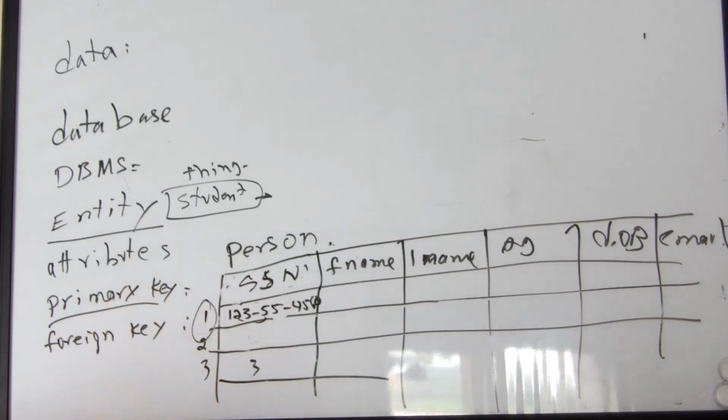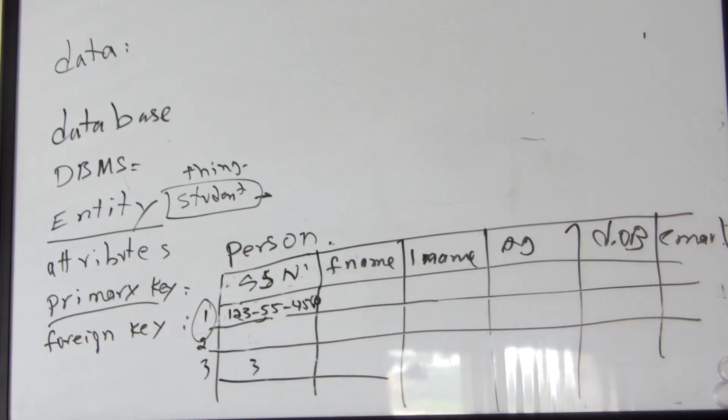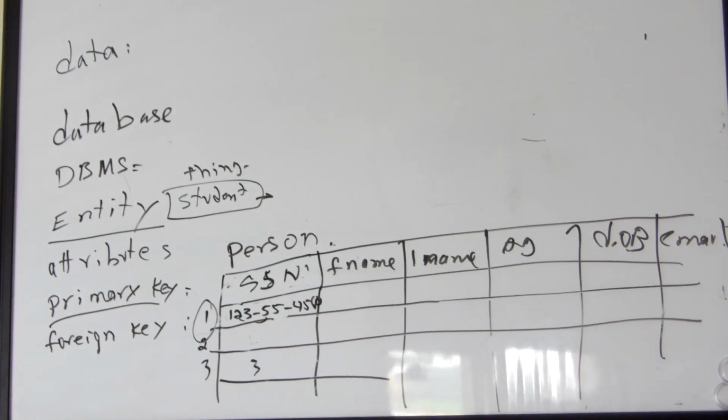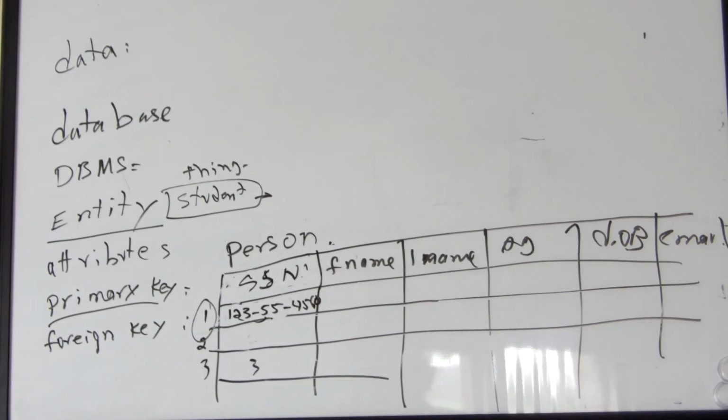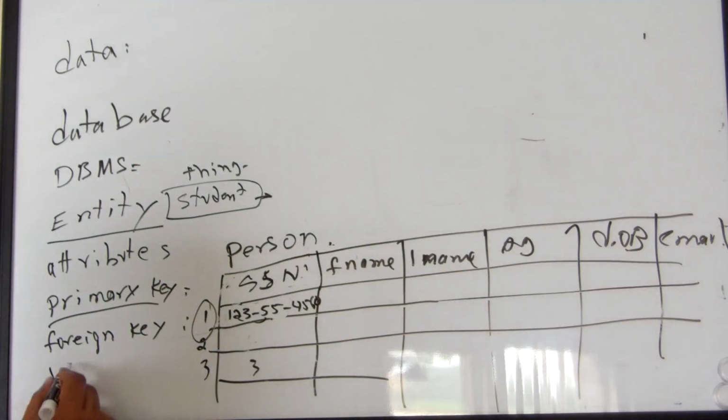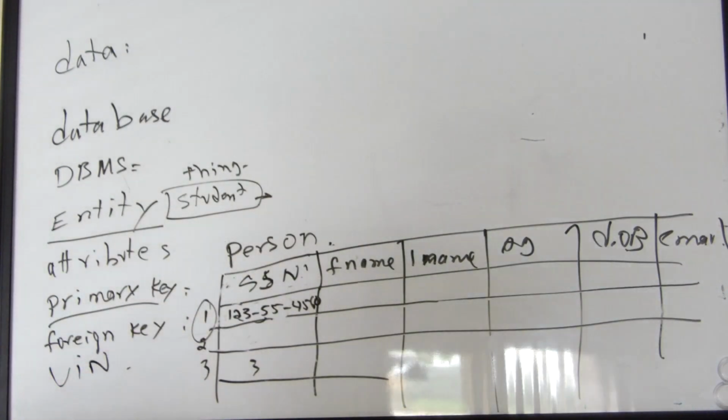It's the same with cars. Cars have a VIN number or registration, or license plate. You cannot find two identical license plates in one state. You cannot have two license plates the same.